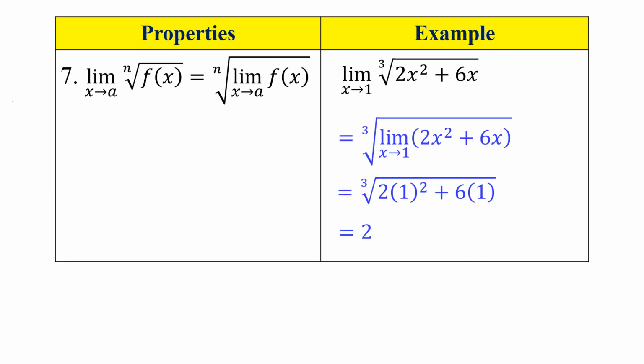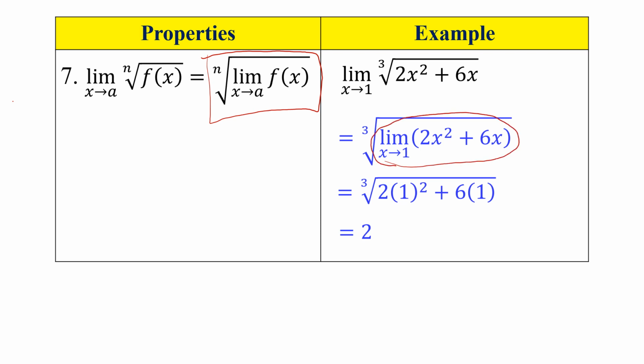Next, the limit as x approaches a of the root of function f(x). So we can write like this. For example, the limit as x approaches 1 for the cube root of 2x squared plus 6. So first of all, we evaluate the limit as x approaches 1 for the function 2x squared plus 6.